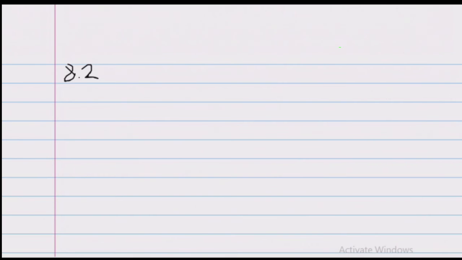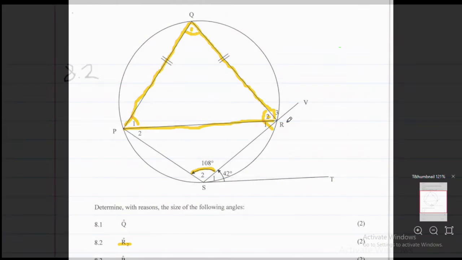Now we know that the sum of angles of a triangle will give you 180.